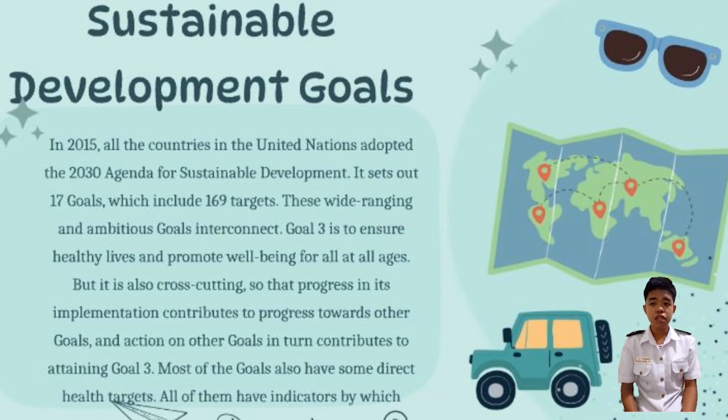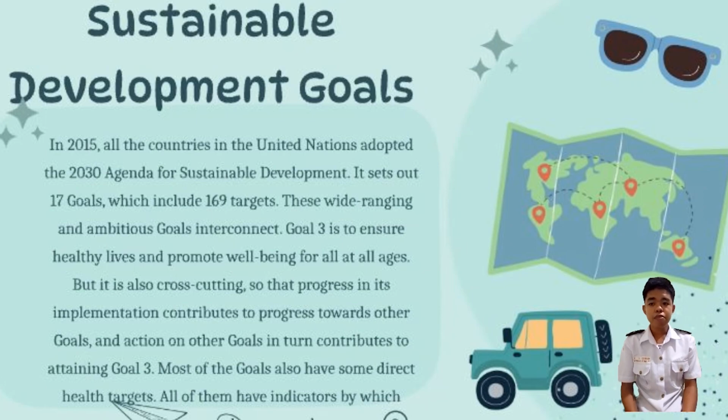So the SDGs cover a wide range of issues including poverty, hunger, health, education, gender equality, clean water and sanitation, affordable and clean energy, sustainable cities and communities, climate action, and more.